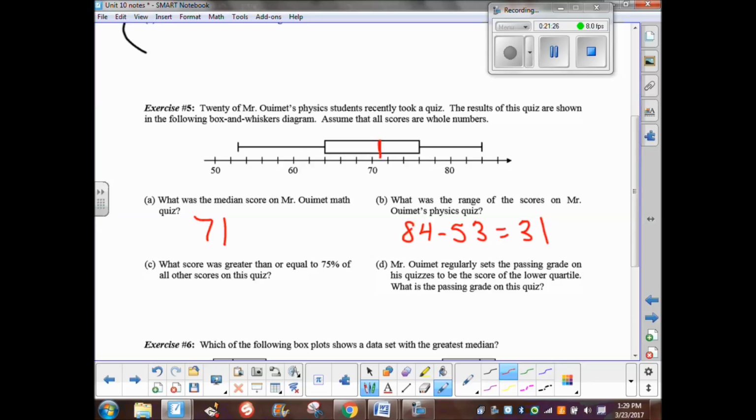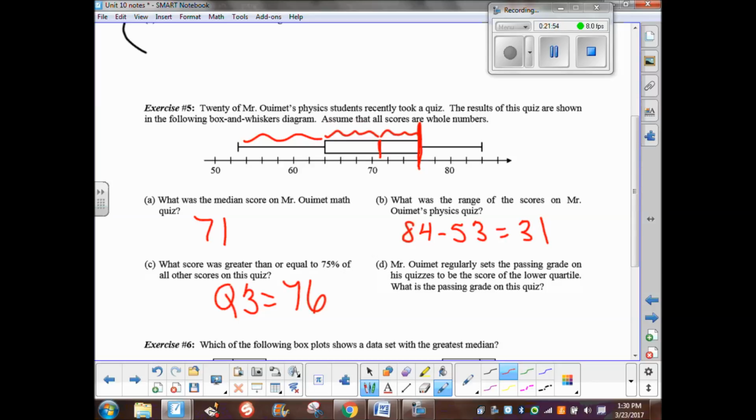And then it says, what score was greater than or equal to 75% of all the other scores? Where is 75% of the data? At what Q? Q3, right? Here's 25%, there's 50%, there's 75%. What score is that? 76. Q3 is 76.